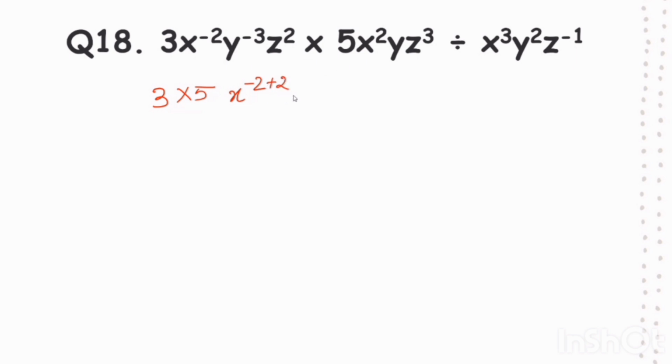Now y minus 3, y nothing is there means plus 1, z square plus 3, divided by x cube y square z to the power minus 1.